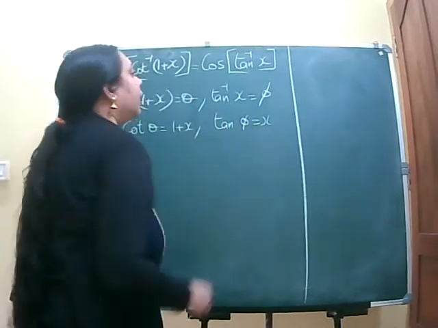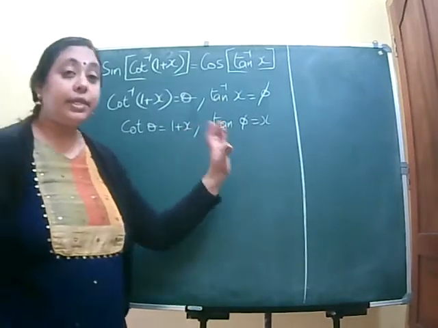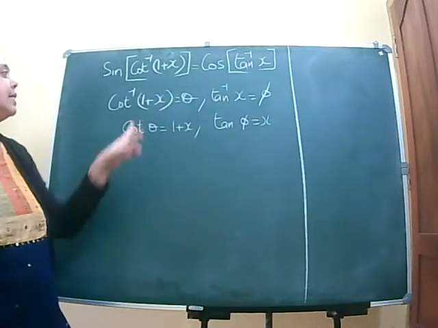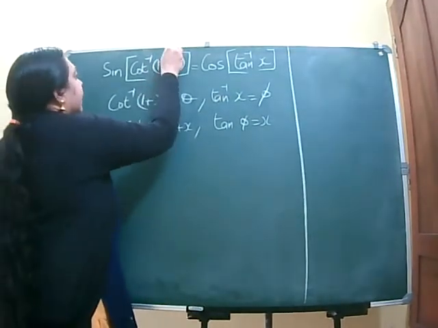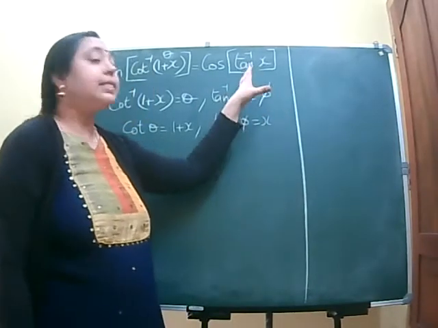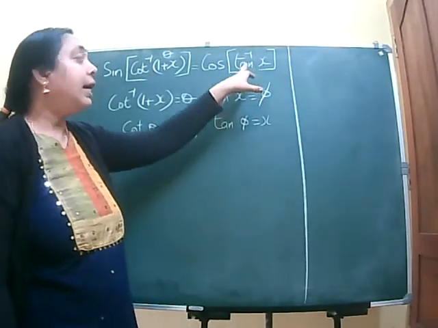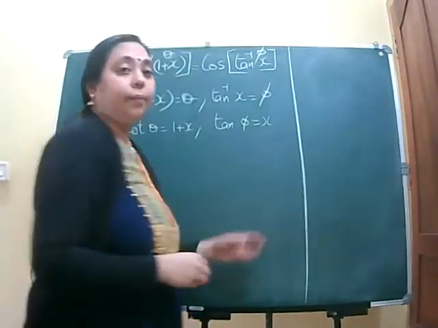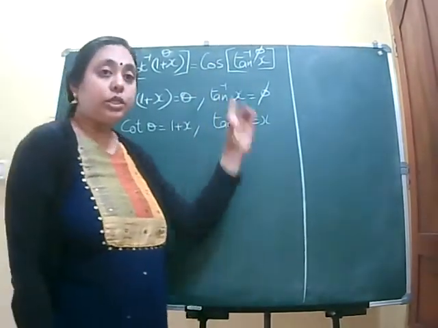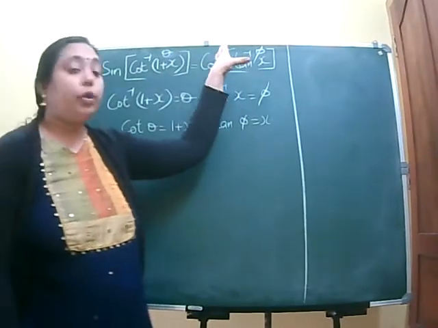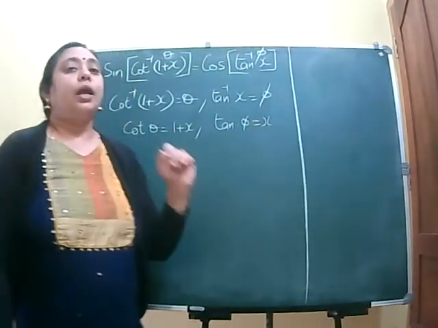That is, we have taken substitution for cot inverse 1 plus x as theta. Similarly, in RHS, taken substitution for tan inverse x as phi. Now, the question reduces to sin theta is equal to cos phi.